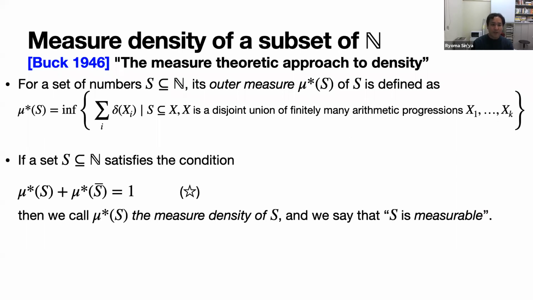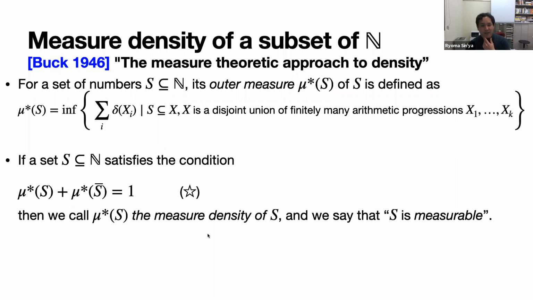And then if a set S satisfies the following condition, I mean the sum of the outer measure of itself and the outer measure of its complement, where S bar denotes the complement of S, equals 1, okay? Then Bach said that if S satisfies this condition, then S is measurable. And this is the notion of measure density, okay?